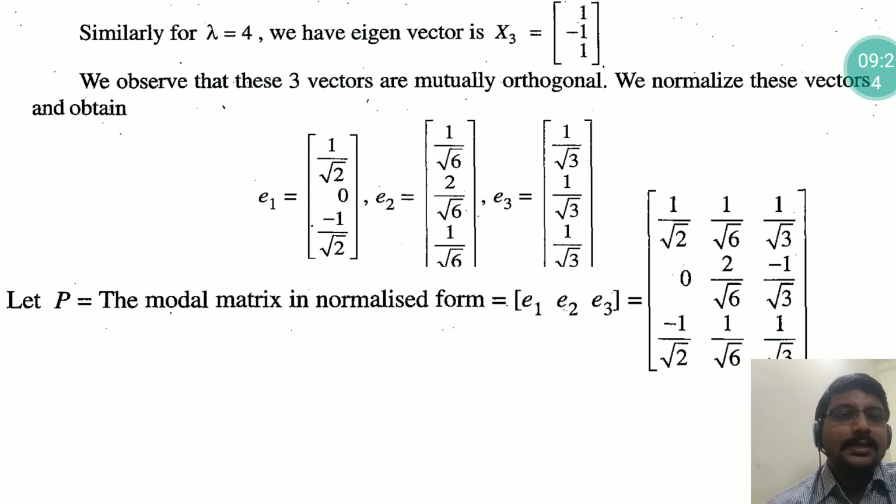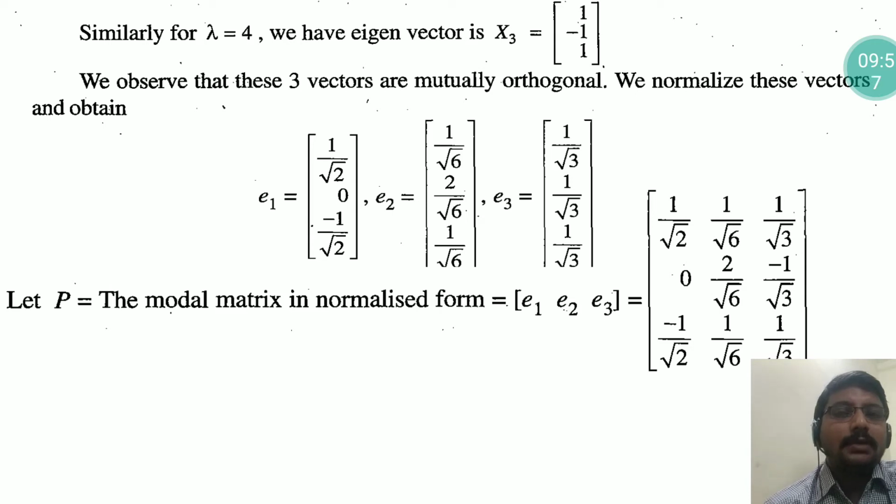For example, x3 is the matrix of 1, minus 1, 1, whose norm is the square root of 1 square plus minus 1 whole square plus 1 square, that is the square root of 1 plus 1 plus 1, that is the square root of 3. So E3 can be obtained just by dividing each element by root 3, that is 1 by root 3, minus 1 by root 3, 1 by root 3. So thus E3 can be obtained.